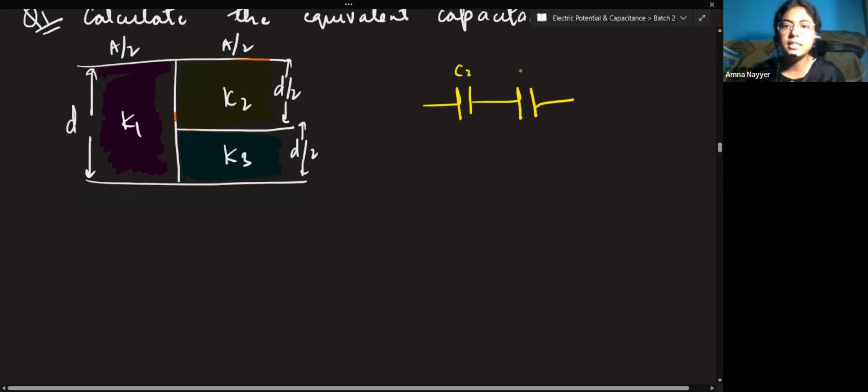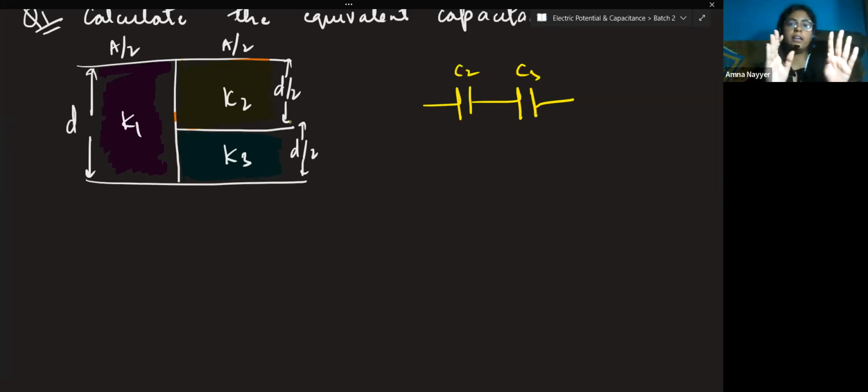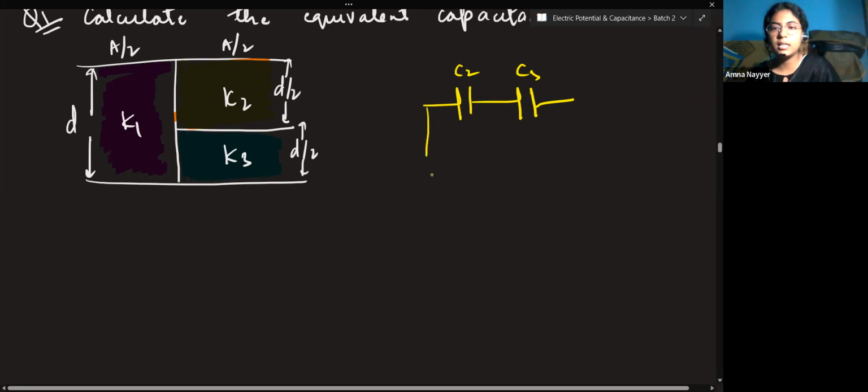This is C2, C3, and their resultant, if you see it as a single capacitor, a single dielectric slab K2,3, then you see the area is getting divided, which means the resultant and C1 are connected in parallel. So they are connected in parallel with C1. This is your circuit.